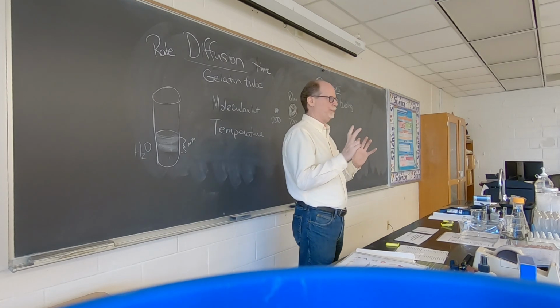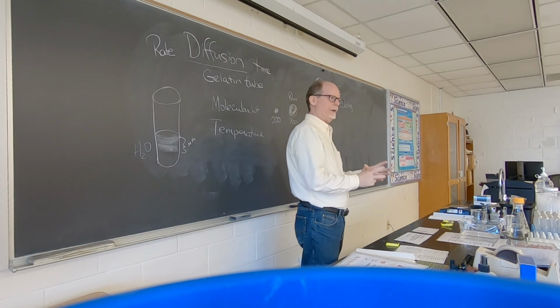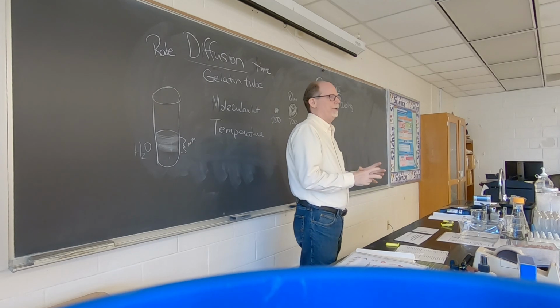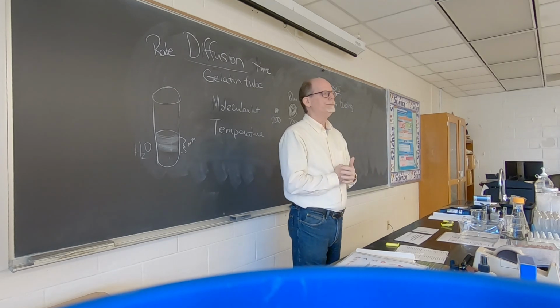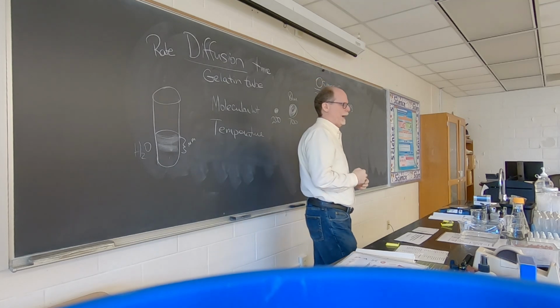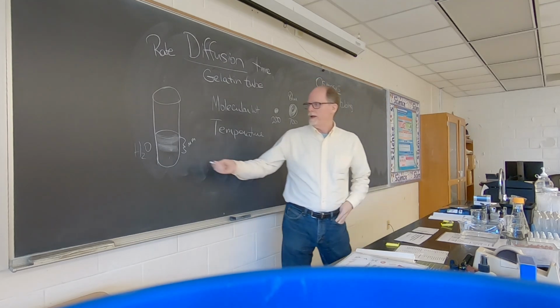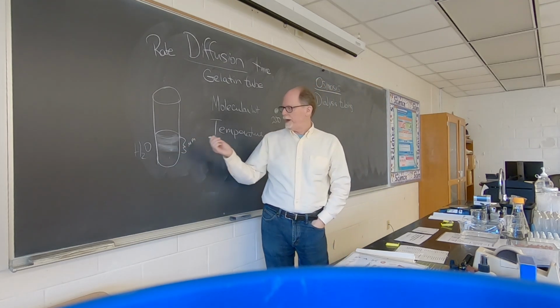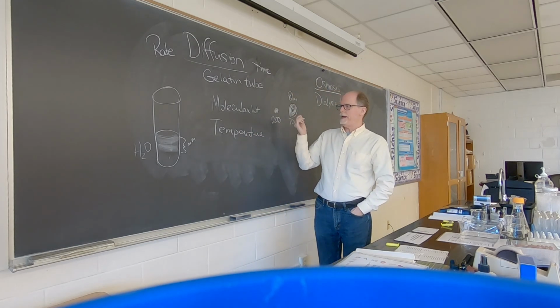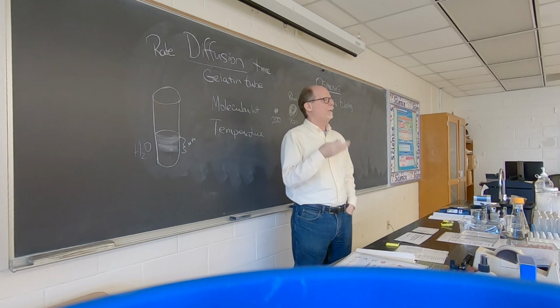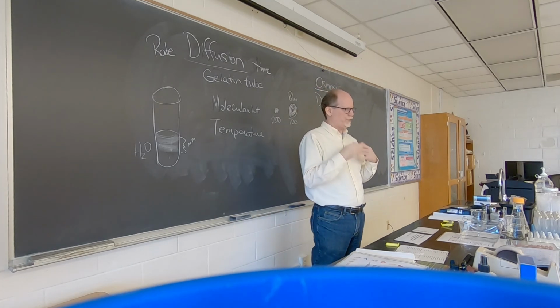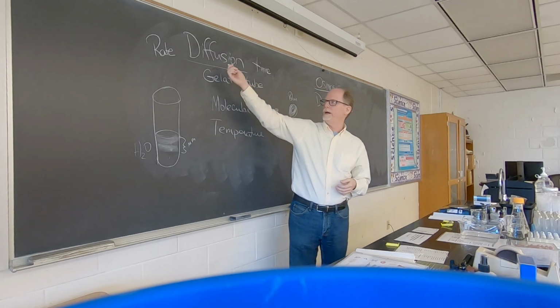Just like in this room, if it's 7 degrees, the molecules are moving slower than if it was at 80 degrees. So by increasing the speed of the molecules of the dye and the molecules of water, that would speed up the rate of diffusion.